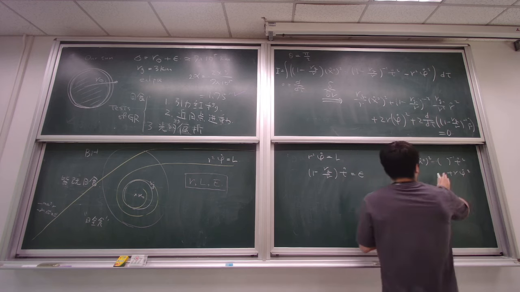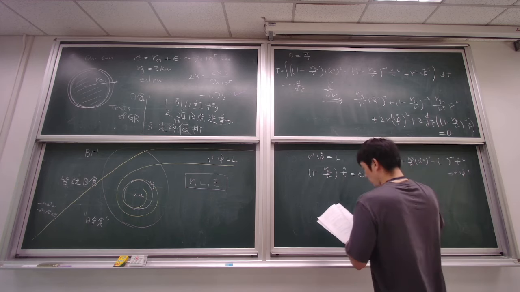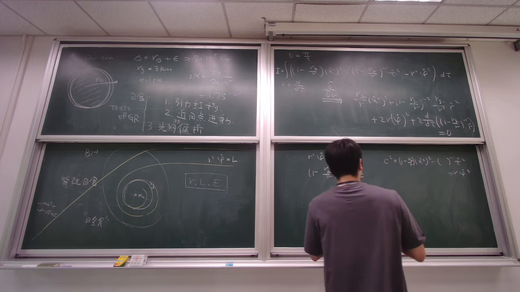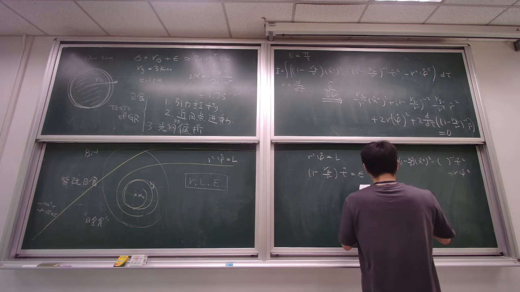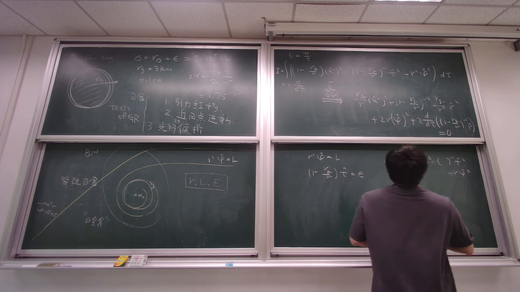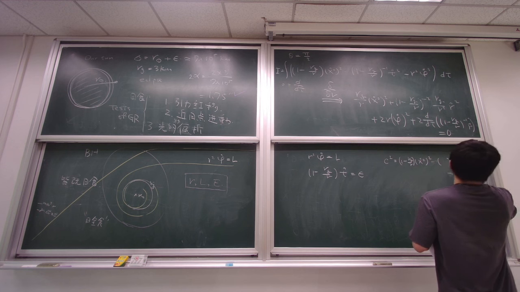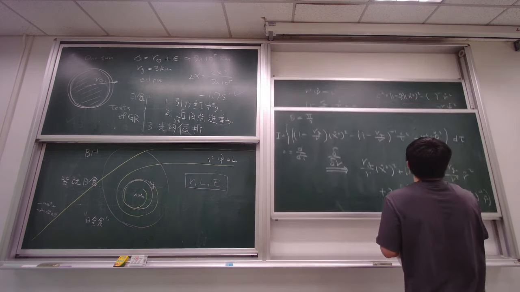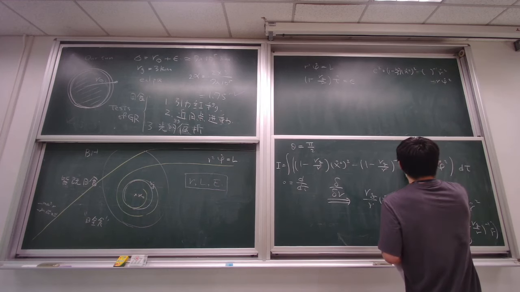Sorry, this is a minus sign. Plug this into here, and what you get is as follows. Why did I write t dot here? You should correct me. This is r dot square.